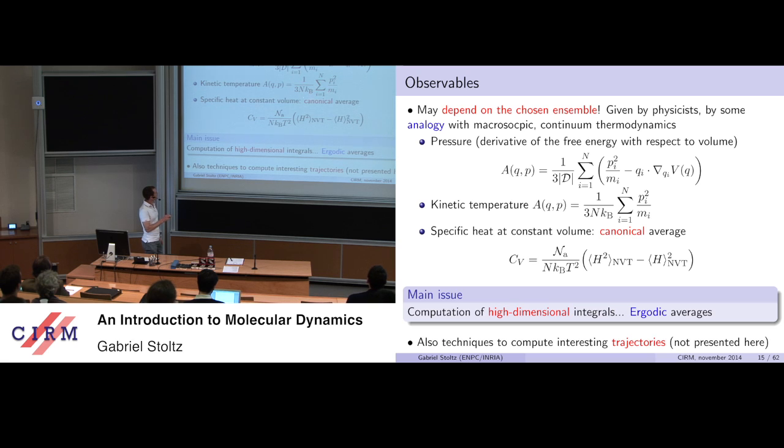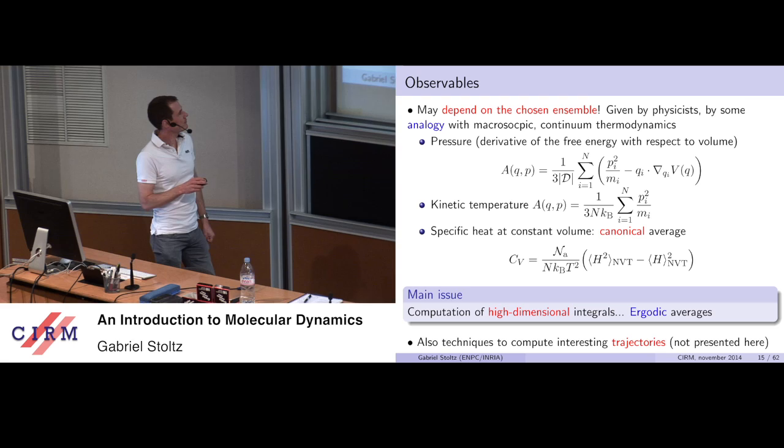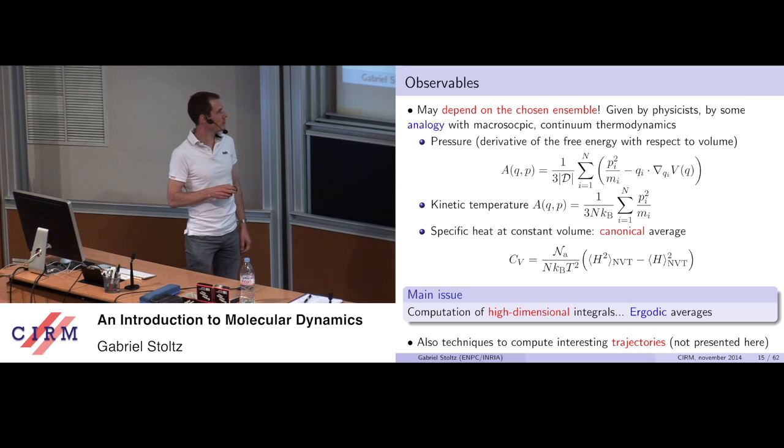Another observable would be the kinetic temperature, so it's really some variance of the energy distribution. There are many more observables. One interesting one, just to show you that it can be more complicated than a plain average, is the heat capacity, which in fact is related to a variance of the energy.